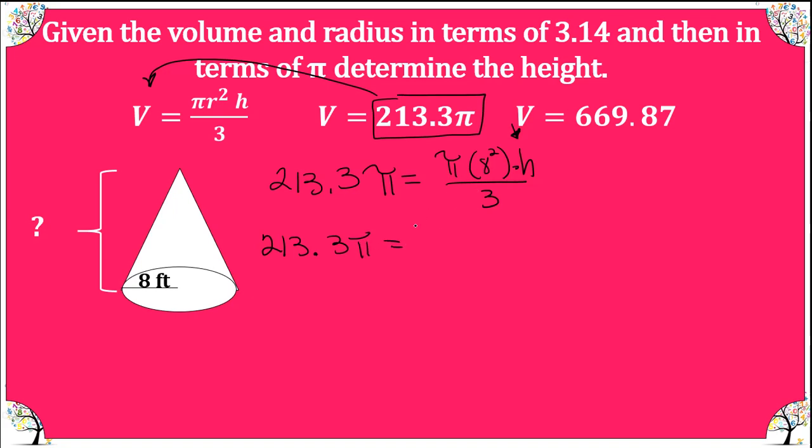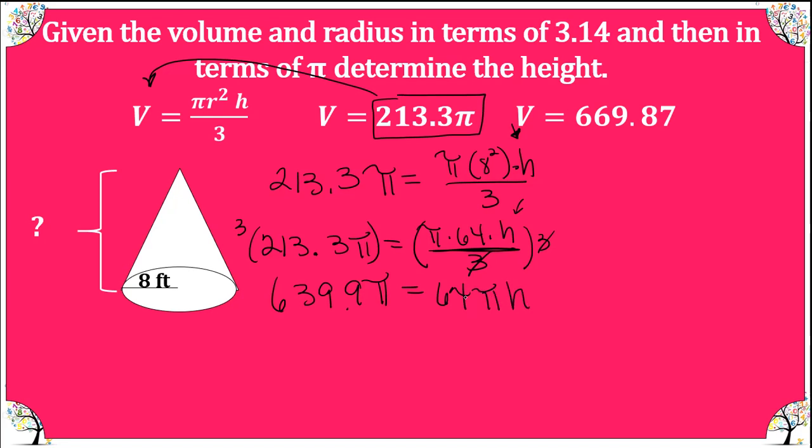I'm going to go ahead and calculate and get pi times 64 times h divided by 3. So again, we're trying to isolate h. So we're going to first multiply by 3. 213.3 times 3 gives us 639.9 pi equals 64 pi times h.